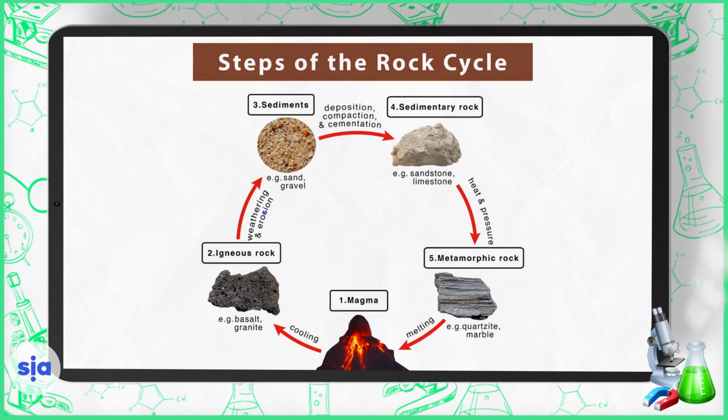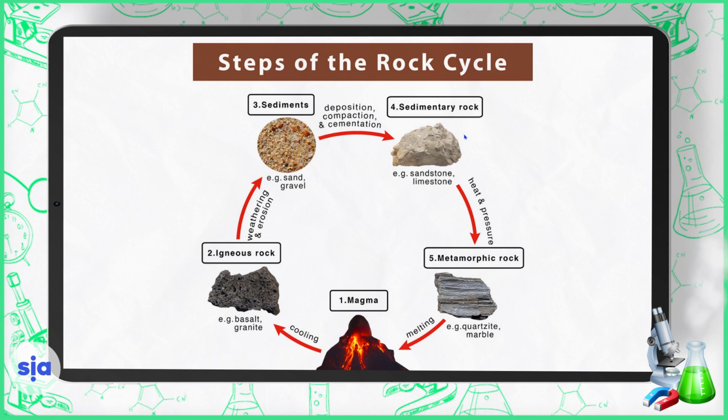By weathering and erosion, these rocks could be broken down into sediments. And these sediments will be transported and deposited in other locations, forming sedimentary rocks like sandstone and limestone.